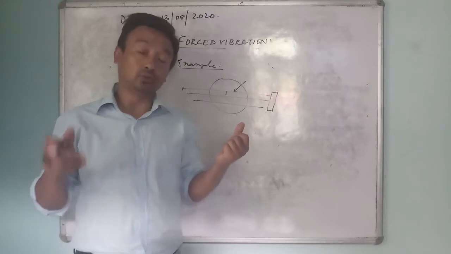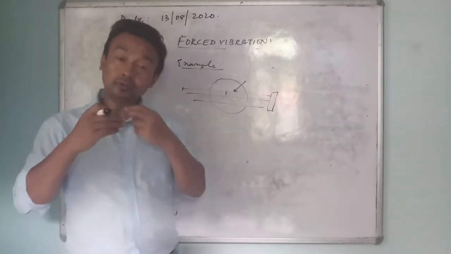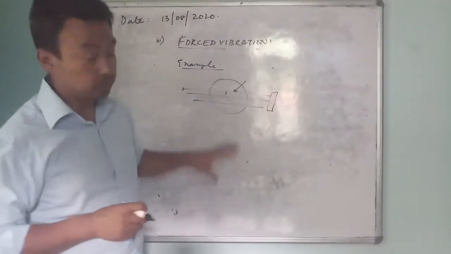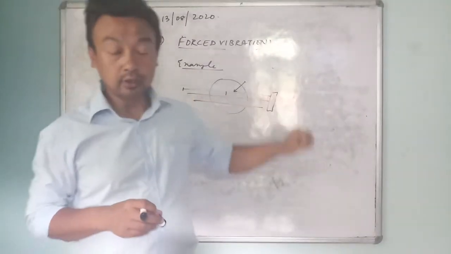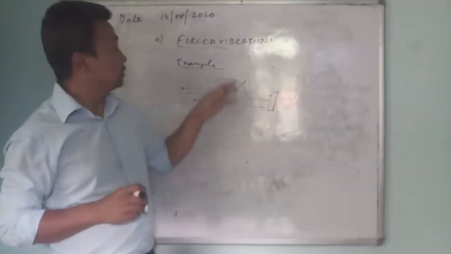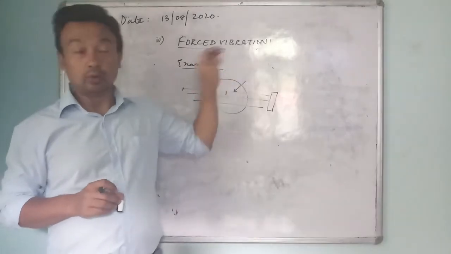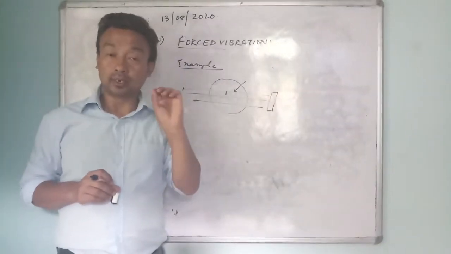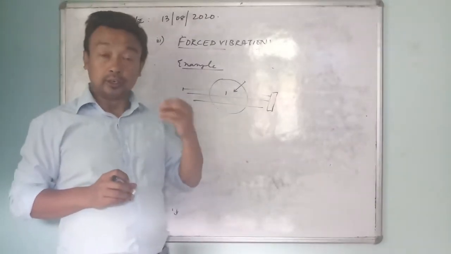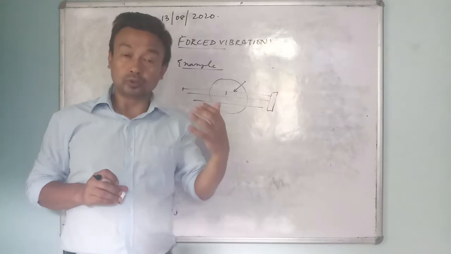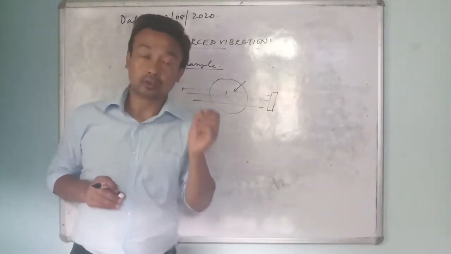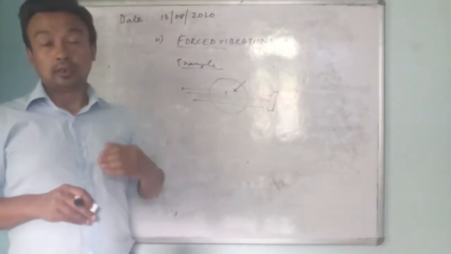That means as long as the force is being applied, the amplitude remains the same and the body goes on vibrating. So this is one example. You also have many other examples in the textbook. Please refer to that. So in forced vibration, only one extra term is added, that is the external periodic force, and the body vibrates under the influence of the frequency of this external force.